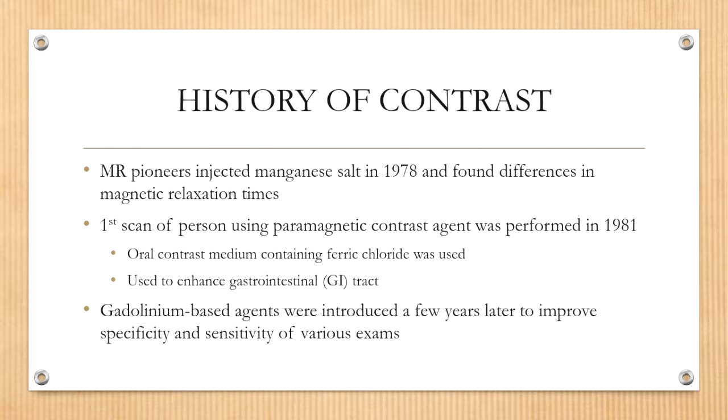And after a few years, gadolinium-based agents were introduced. That was because through experimentation, they'd found that gadolinium-based agents improved specificity and sensitivity of various exams by making the pathologic structures appear much brighter and much clearer.